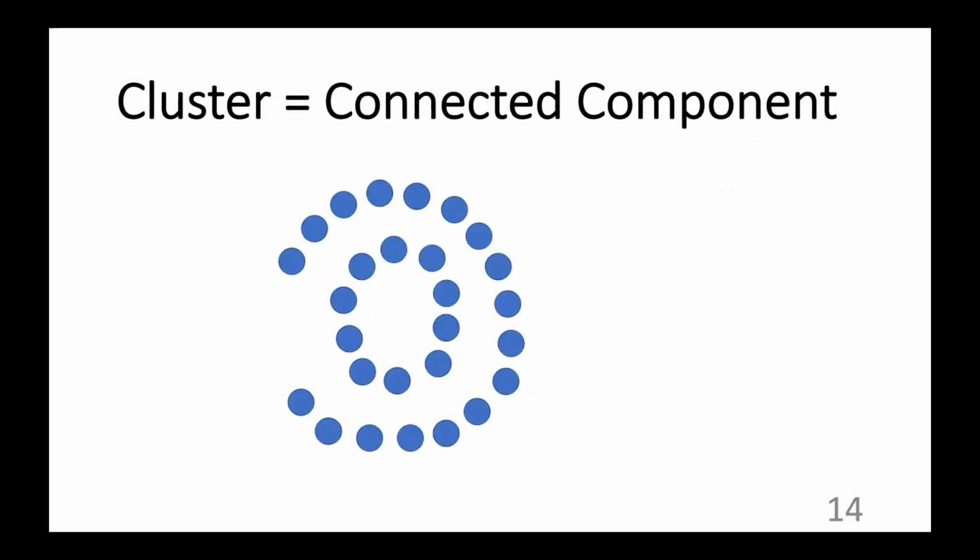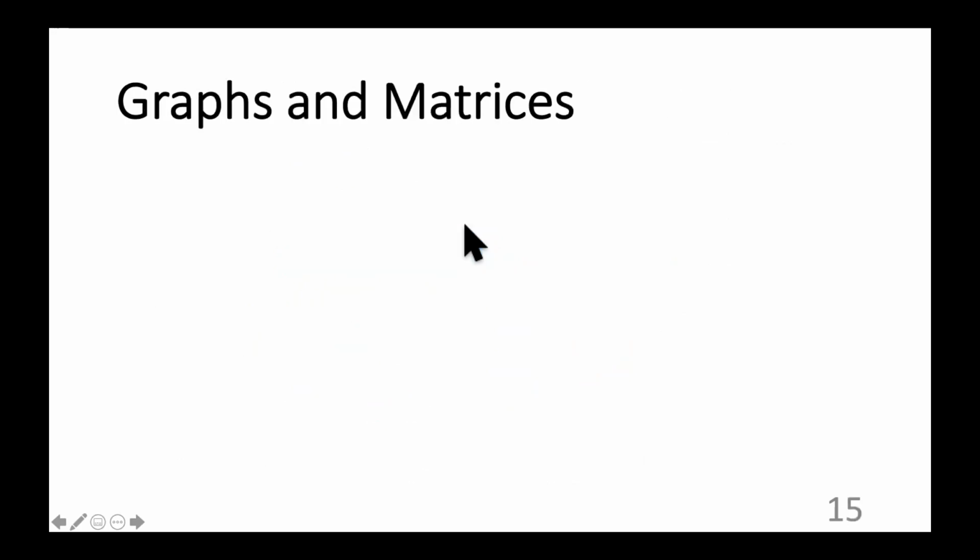Spectral clustering uses a very simple notion of connectivity. Basically, in spectral clustering, we try to find subsets of data points which are reachable by following the links. So they are reachable or connected. This is maybe the most basic and intuitive notion of connectivity: if there is a path between two data points, they are connected.